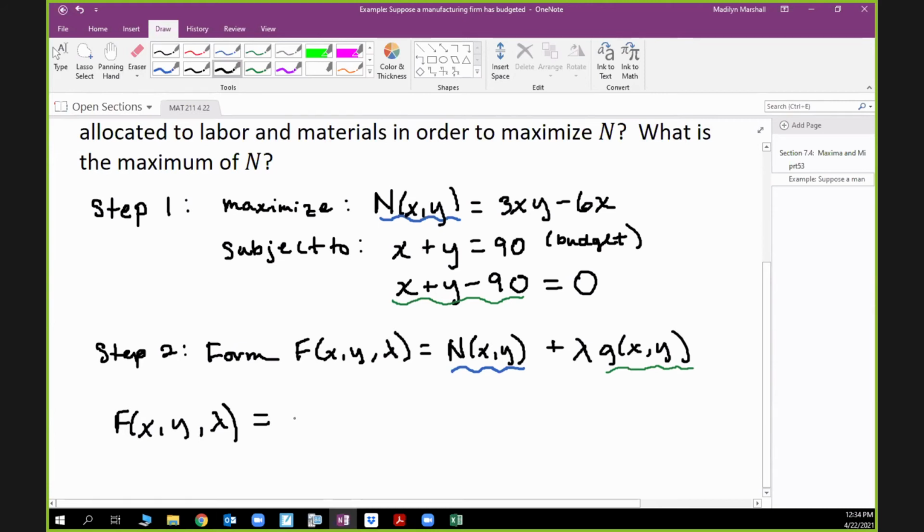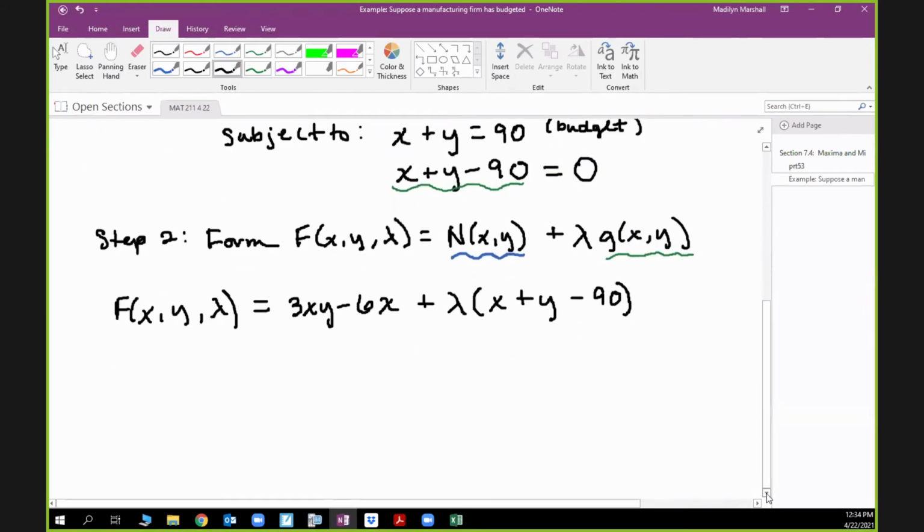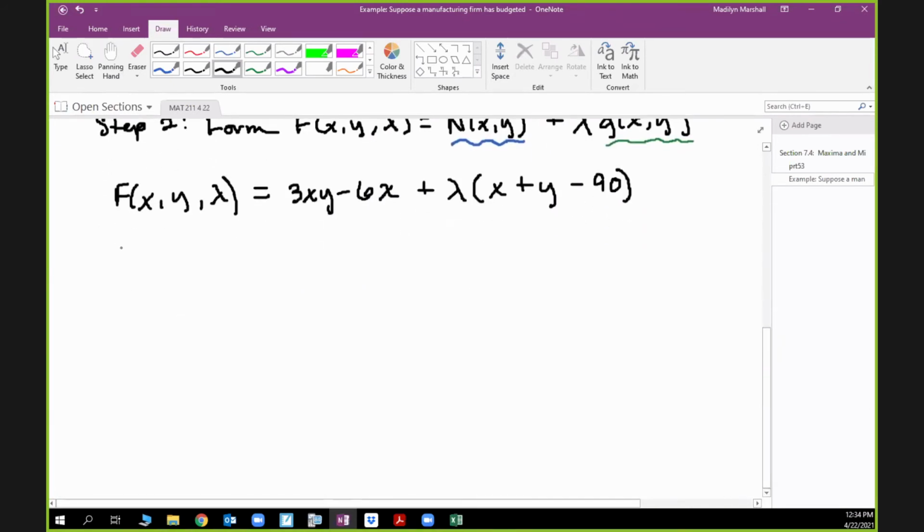So N of x, y was 3xy minus 6x, plus lambda times x plus y minus 90. So then factor lambda in. Yes.